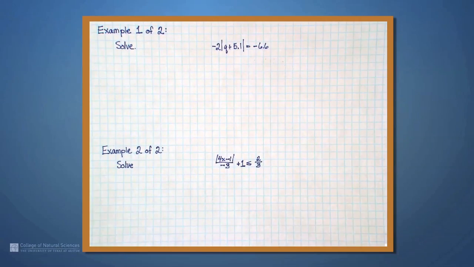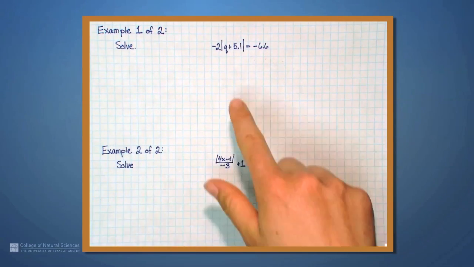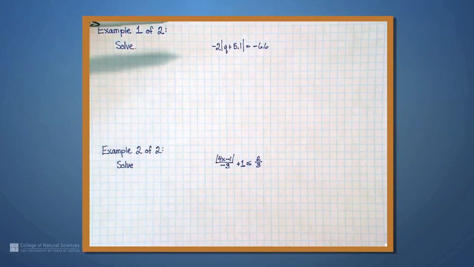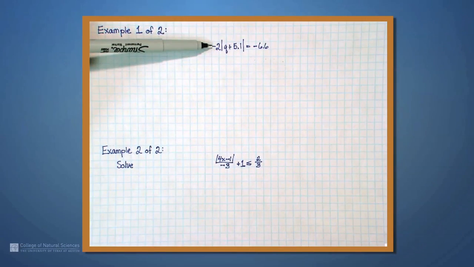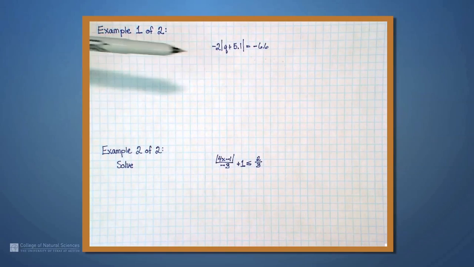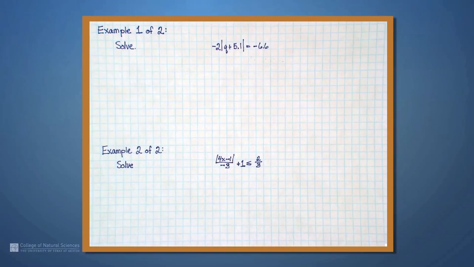So the first thing, something I see students do a ton, is they try to get rid of these absolute value bars before they isolate them. So this -2 is being multiplied out here, and I can't get rid of the absolute value bars until I get rid of it. I can't use that first green box on page 24 until I get rid of the -2.